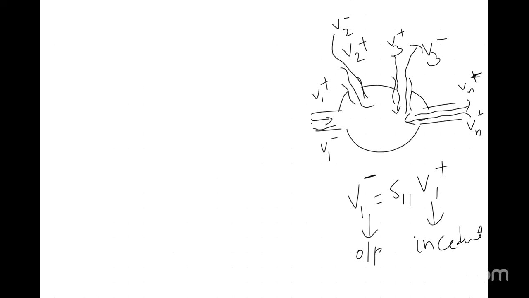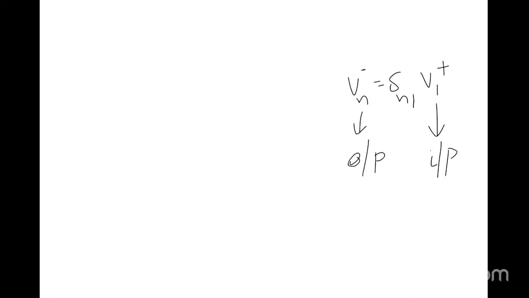The same way, to represent the nth port, I am taking Vn minus equal to Sn1 times V1 plus, where Vn minus represents the output and V1 plus represents the input. S1n is the transmission from line 1.